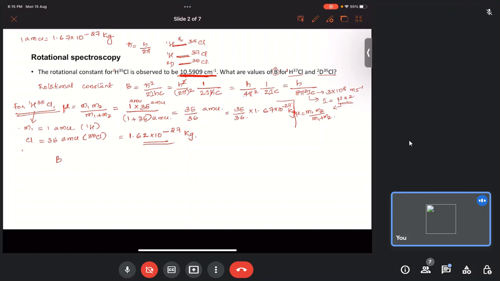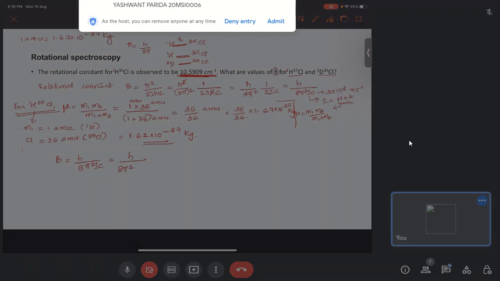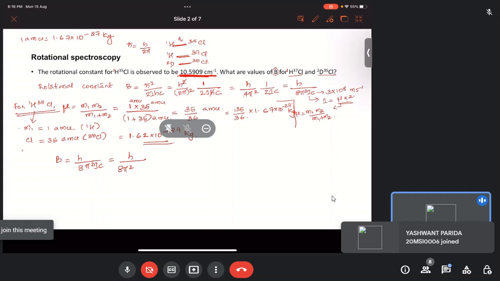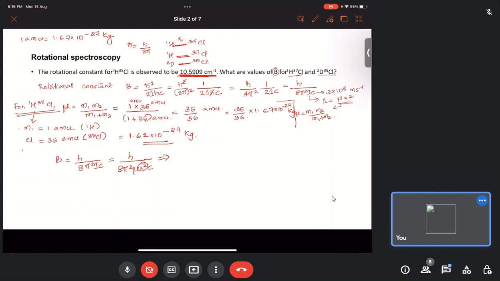We know B is equal to h by 8 pi square IC, where I is equal to mu R square, and we are supposed to find R. So R square is equal to h by 8 pi square mu CB.